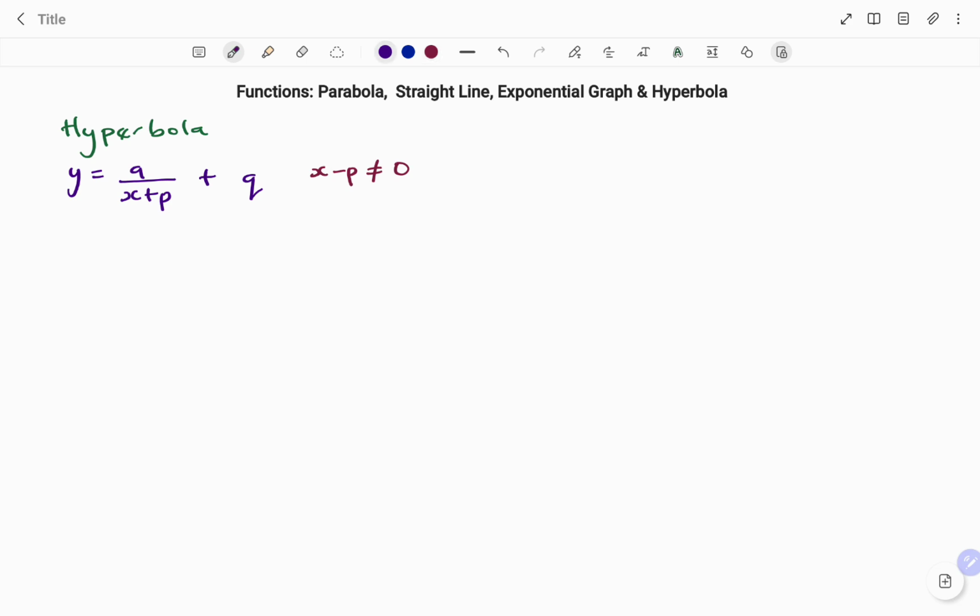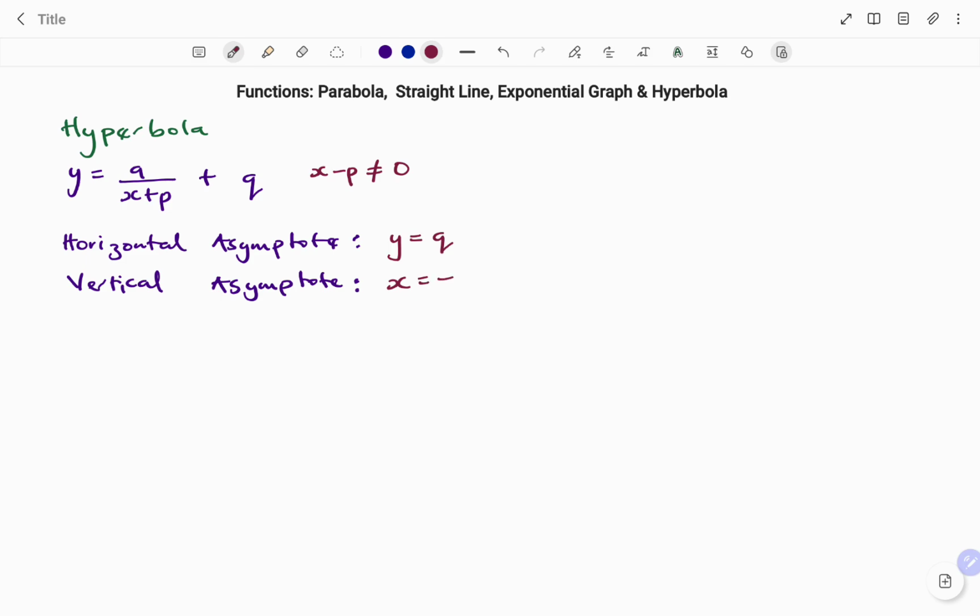We have two asymptotes for our hyperbola. We have the horizontal asymptote and the vertical asymptote. For the horizontal asymptote, we have y equals the value of q, while for the vertical asymptote, we have x equals the value of negative p.